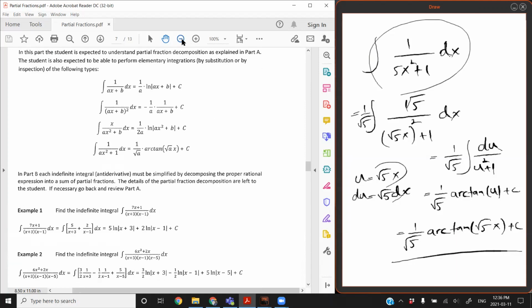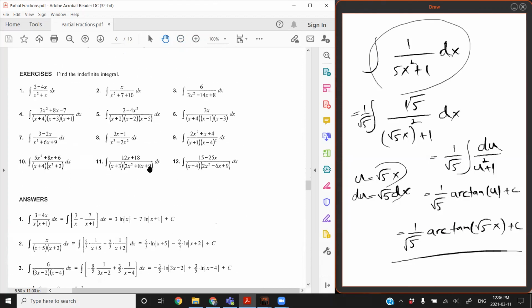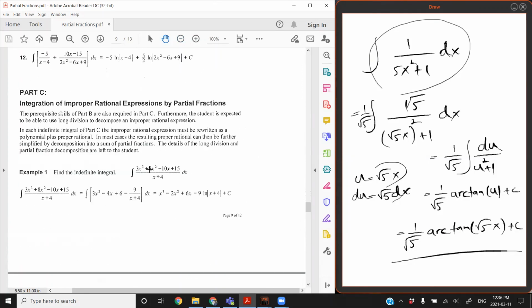Okay, so before I let you work on the exercises, I want to talk about part C because I've already covered this. Last class, we talked about long division, and I promised to give you more examples. So this is it.